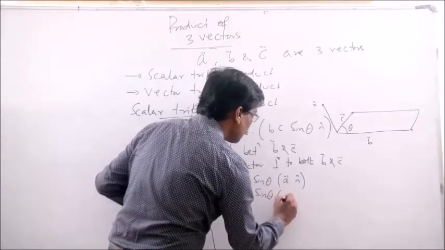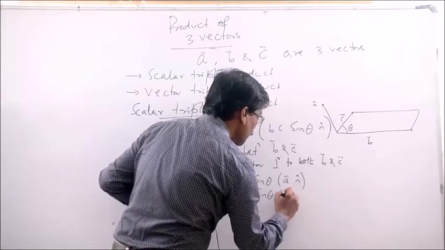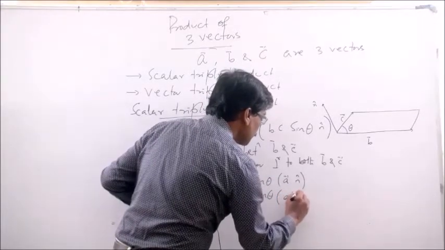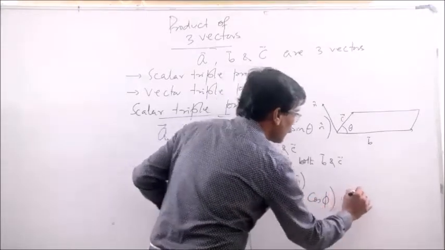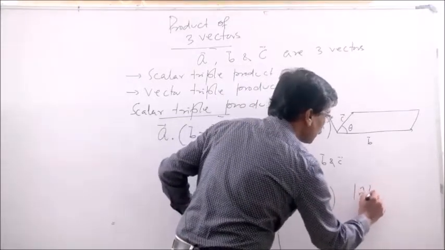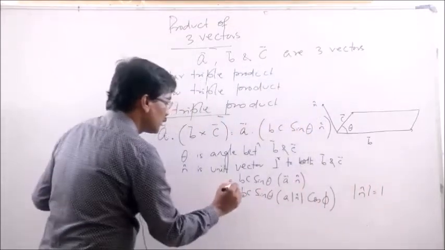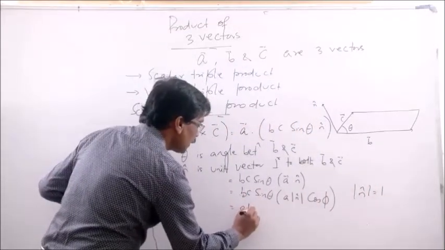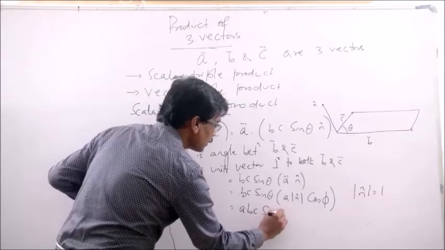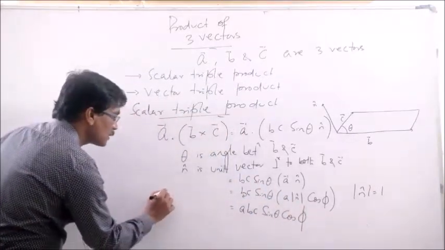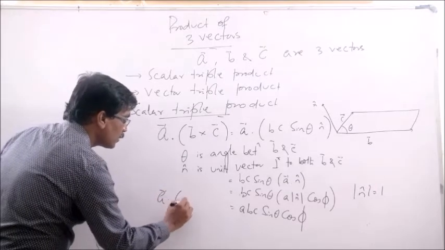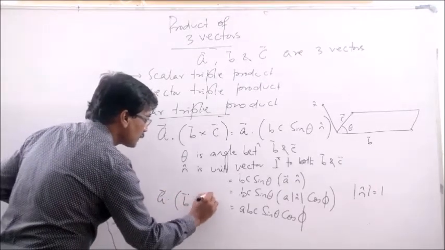Now, a dot n cap is equal to the magnitude of a times the magnitude of n cap into cos phi, where the magnitude of n cap is equal to 1. So that is equal to abc sin theta cos phi. So this is nothing but a dot b cross c.